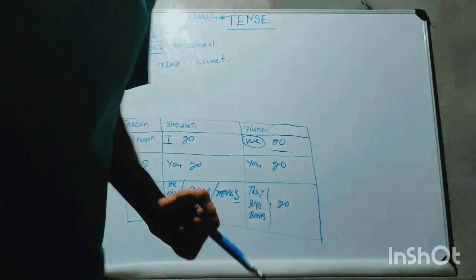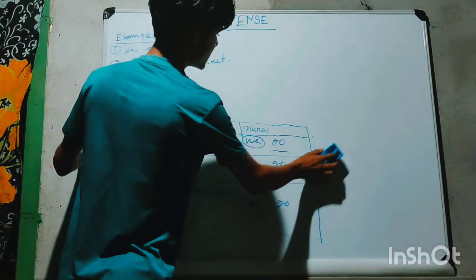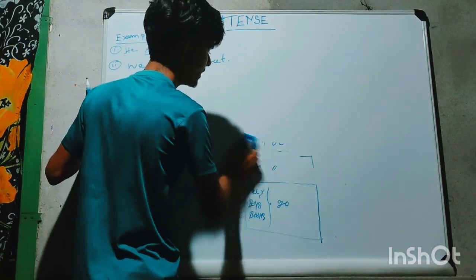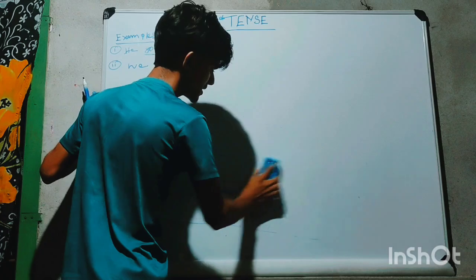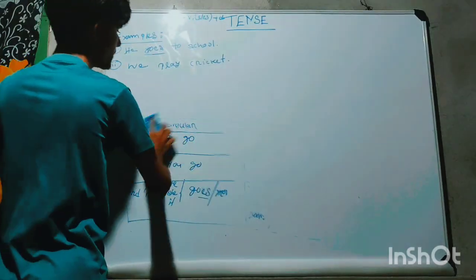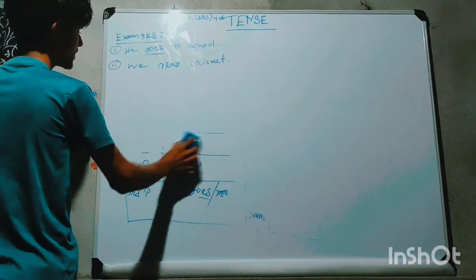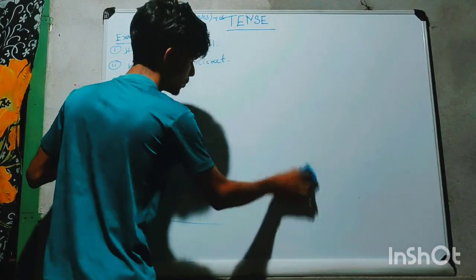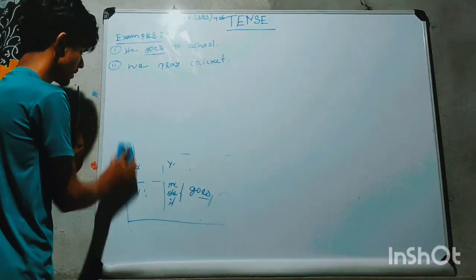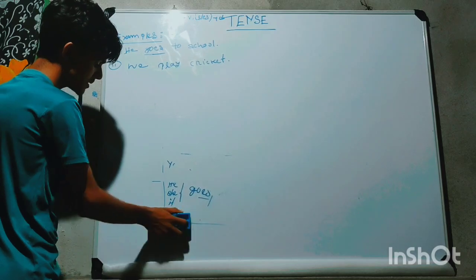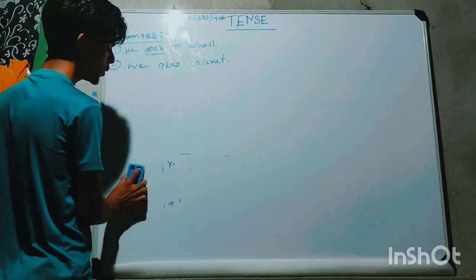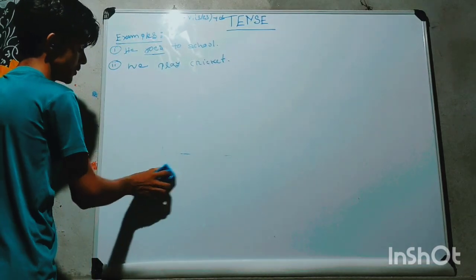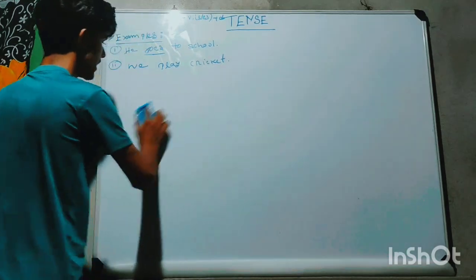We already said that present indefinite tense explains present action. This comes under present action. Right now we are going to discuss habitual action. What do we mean by habitual action? A habitual action is something that becomes a habit. If you go to college every day, this is your habit. If you drink water every morning, this is your habit.